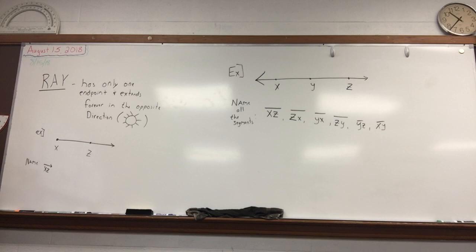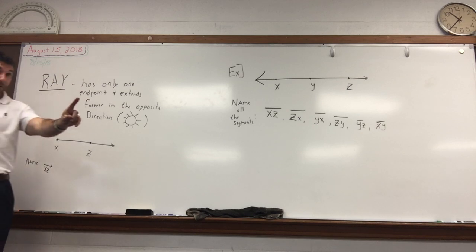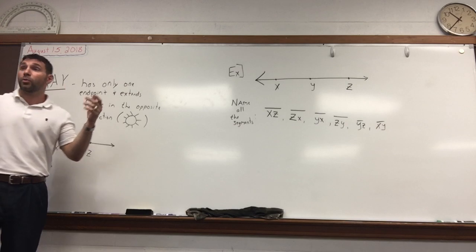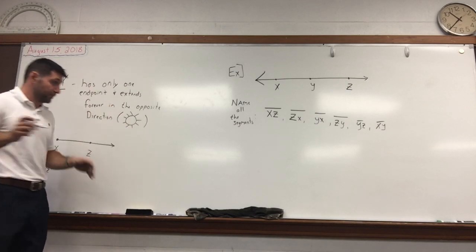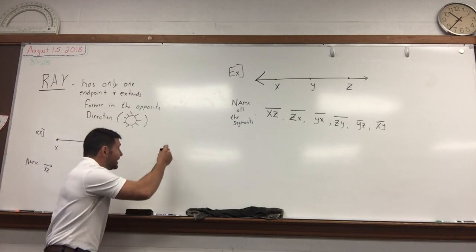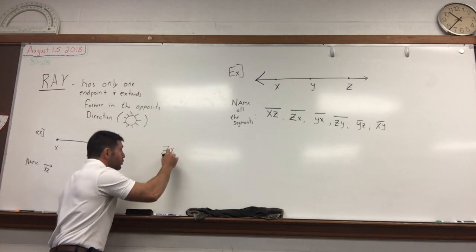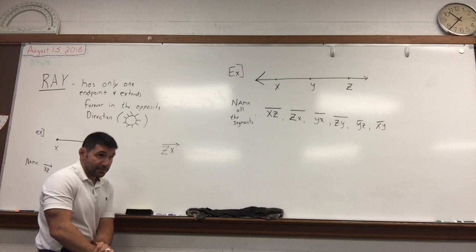Is there another name for Ray XZ? ZX. Thank you. Don't write that down. Listen, we're going to respect everybody else because this is something that you're going to make mistakes on. You don't know it yet. You're learning. You told me Ray ZX, correct?